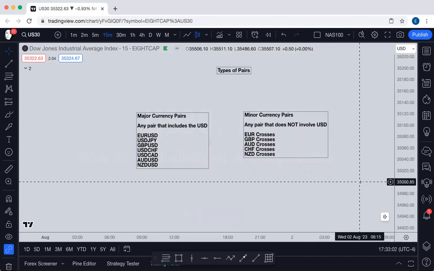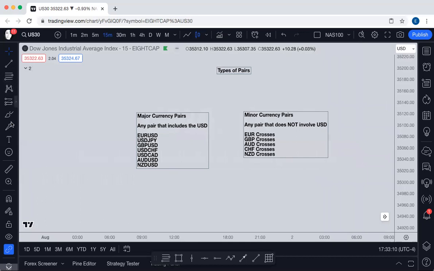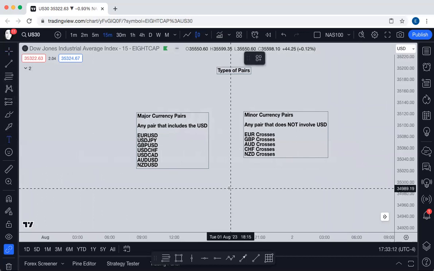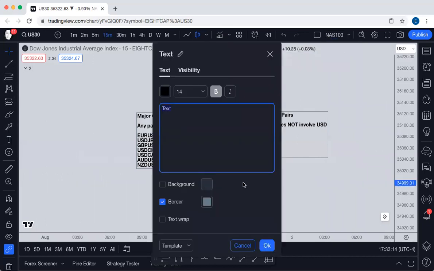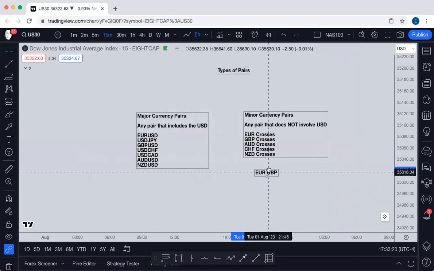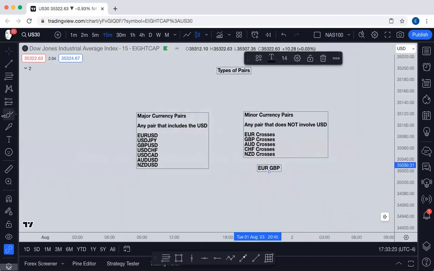Here you have what they call minor currency pairs. So that's anything that does not involve the US dollar. What does that mean, right? So Euro cross, okay? Let's talk a little bit about that. Euro cross. So that would be Euro GBP, right? Because obviously neither of those are the US dollar.